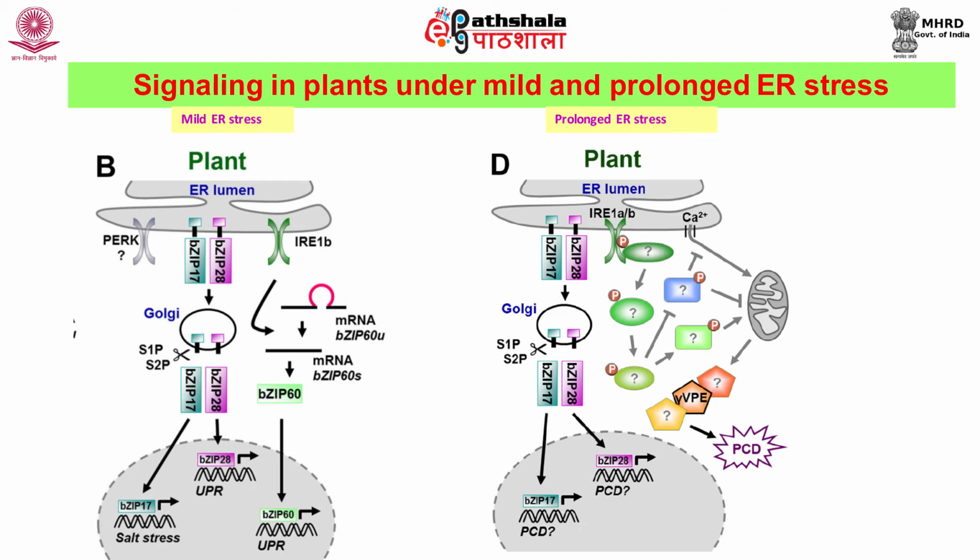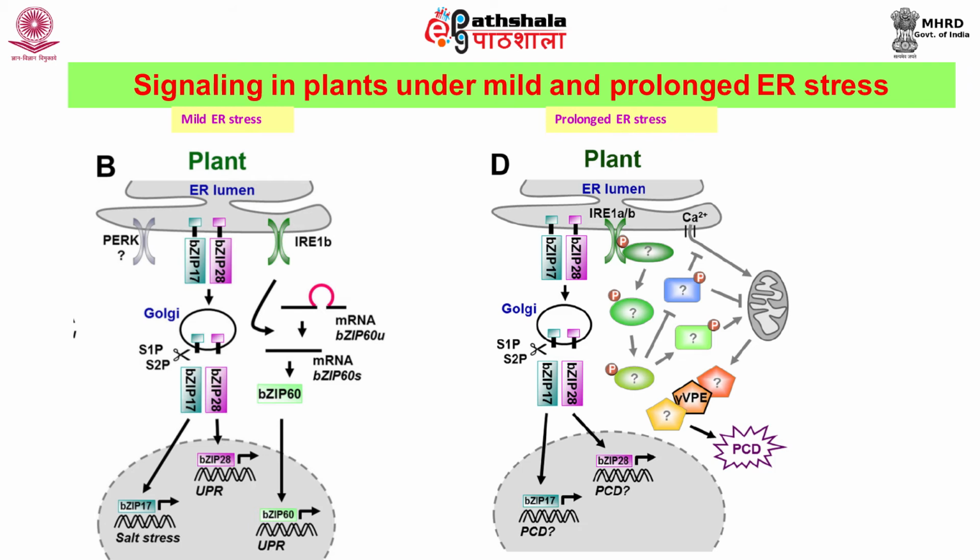Plant ER processes many plasma membrane resident proteins involved in adaptation to environmental stress. The slide shows signaling in plants under mild and prolonged ER stress. Models indicate overlaps and differences in ER stress signaling.